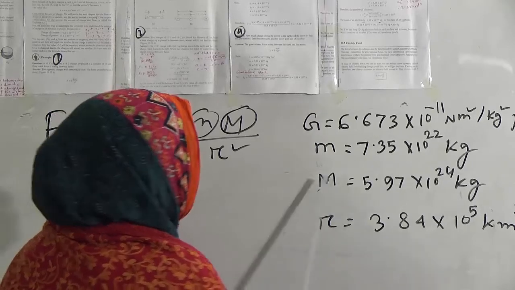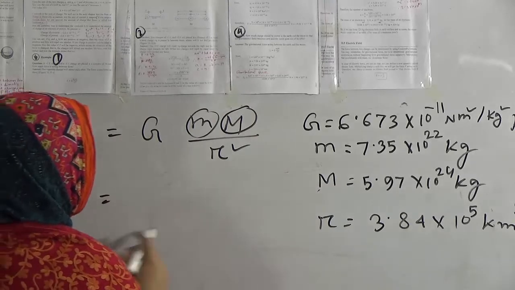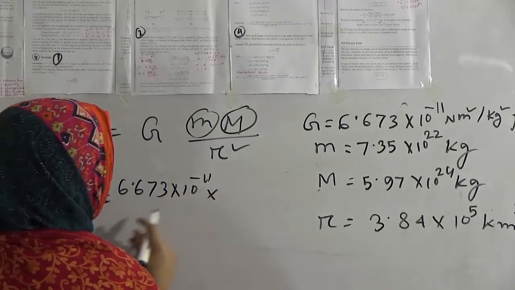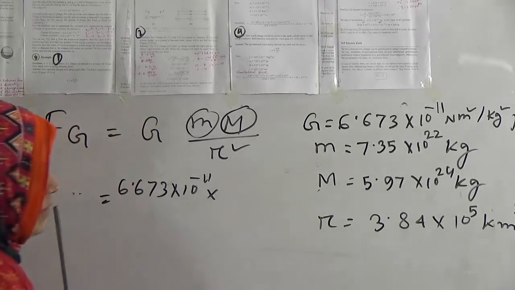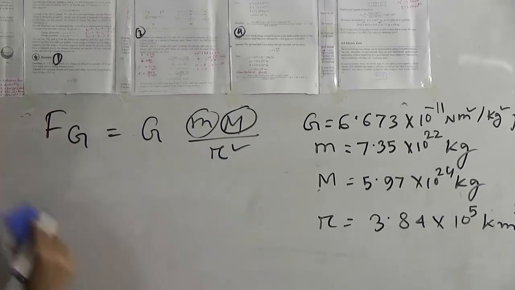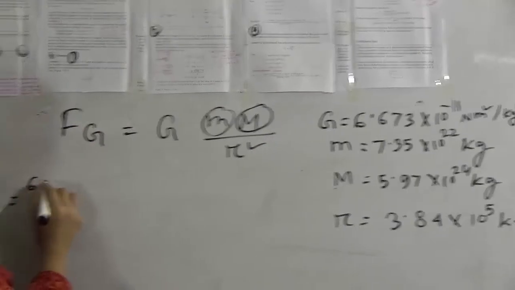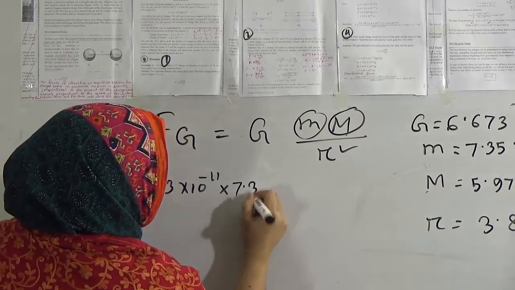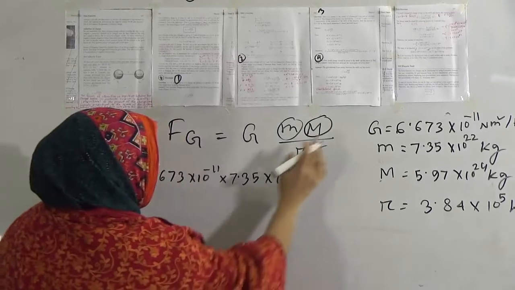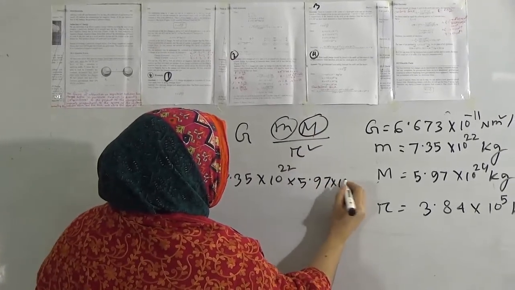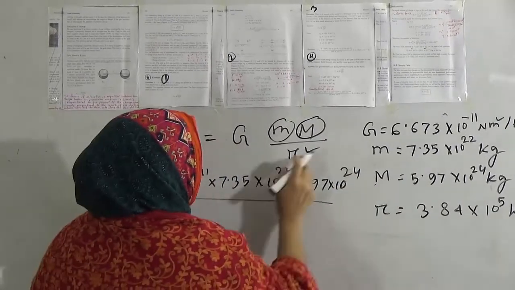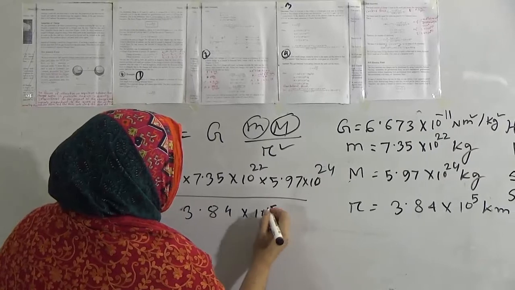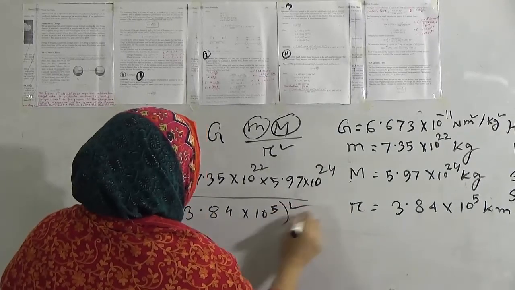Putting the values: G is 6.673 into 10 to the power minus 11, into the mass of the moon 7.35 into 10 to the power 22, into the mass of the earth 5.97 into 10 to the power 24, divided by r square, where r is the distance between the moon and the earth, 3.84 into 10 to the power 5 kilometer, whole square.